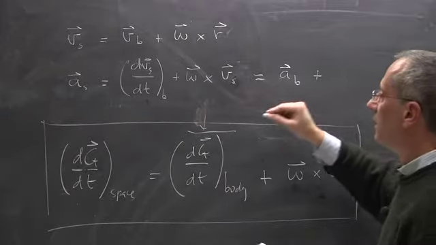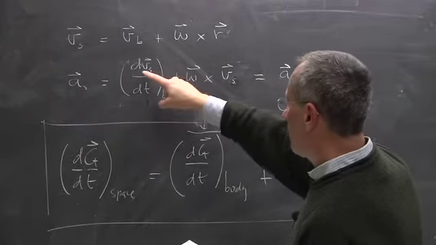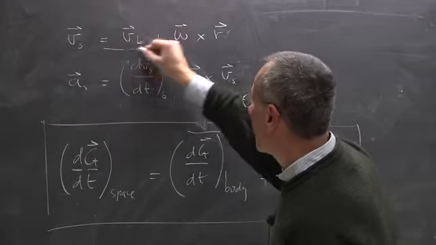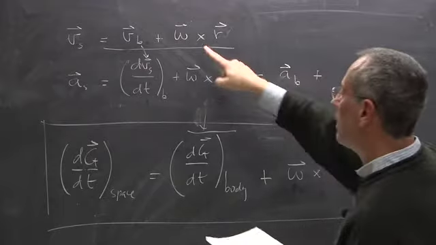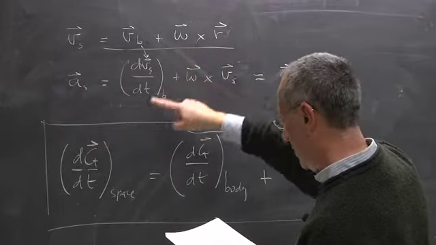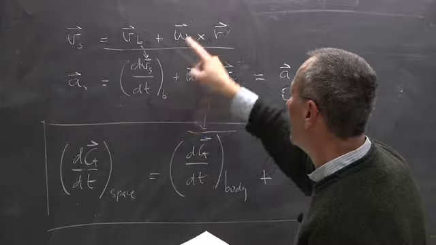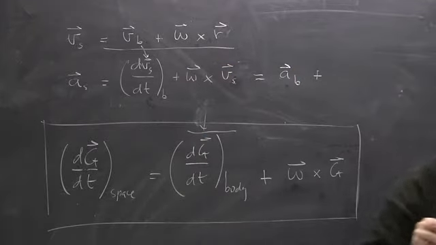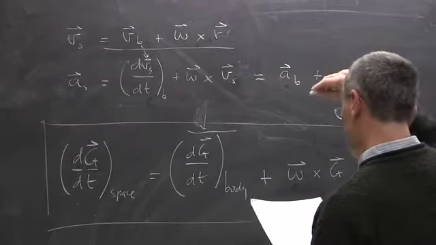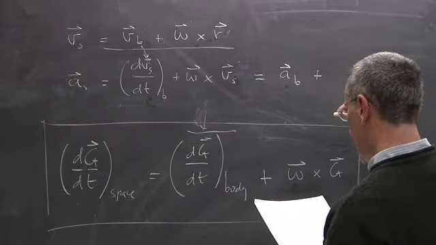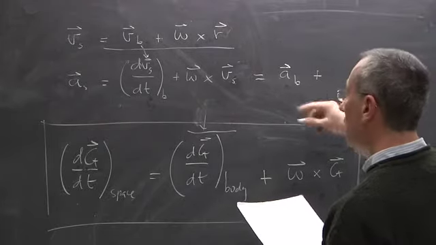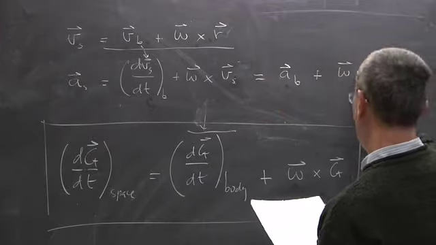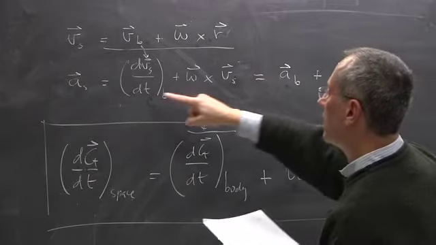Then I have... So I'm plugging in this, okay? So take this and plug it in. So the first term is just this. Then you have this term that you have to take the derivative of. This is constant. We are just assuming that the body is rotating, but with constant angular velocity. So I have a term omega cross, so I take the derivative.